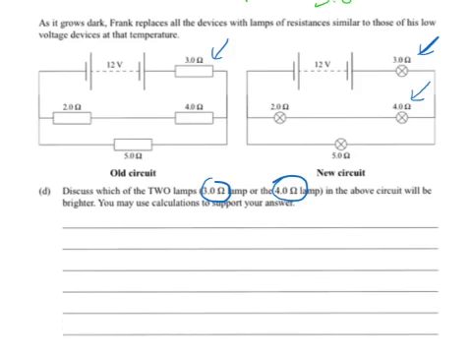Okay. So one way you could do the calculations is you could find the power, which is the current times the voltage for each of those lamps.